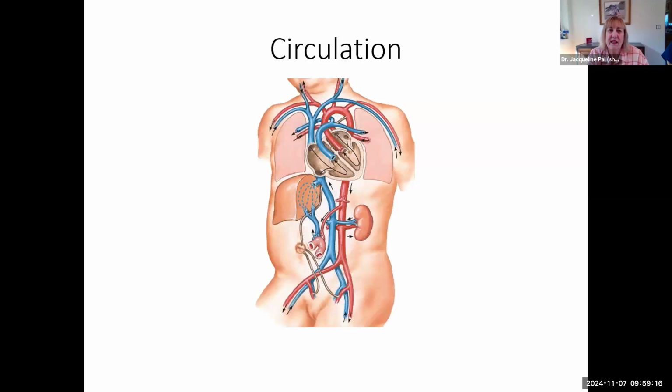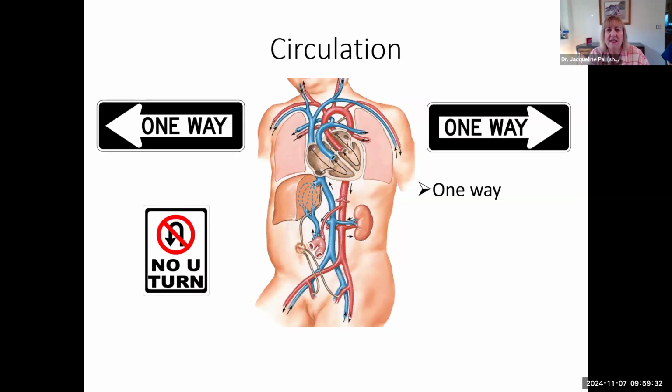So that brings us to the blood movement throughout the body, which is called your circulation. Sometimes the cardiovascular system is called your circulatory system, so they're kind of synonyms for each other. And the thing to know about your circulation is that it is one way with no U-turns allowed. Once blood is in a blood vessel, it needs to follow it all the way to its destination.